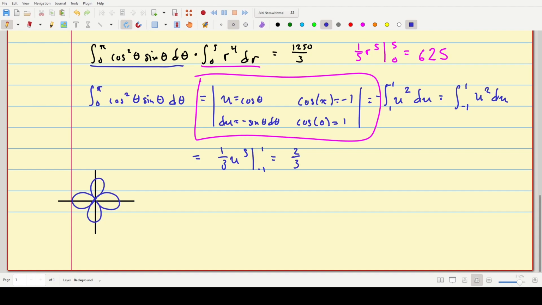Anywho, for a shape like this, one of the things that you can do using polar coordinates would be to find the area of one or more leaves of this shape, okay, or other similar polar curves. If you were told that the radius is given by the function cosine 2 theta, okay, that defines where you are on the outer part of the leaf here, okay?